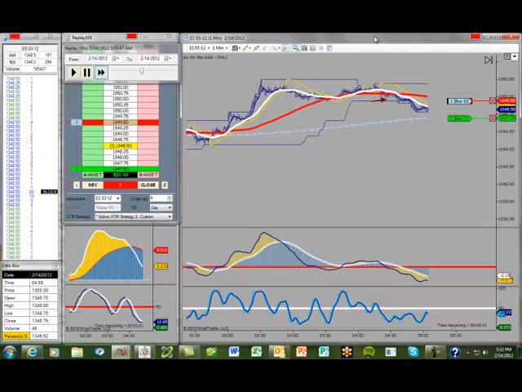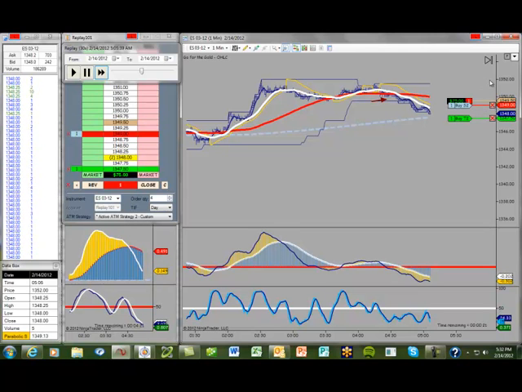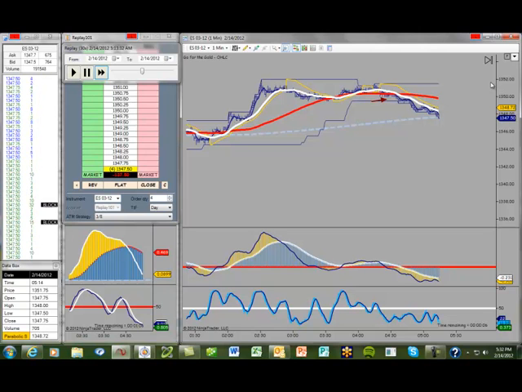Are we going to hit that second target or get stopped out? We hit the target.